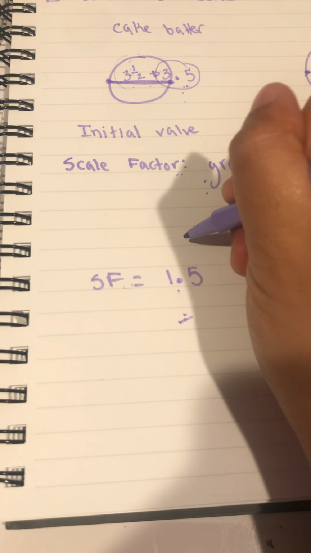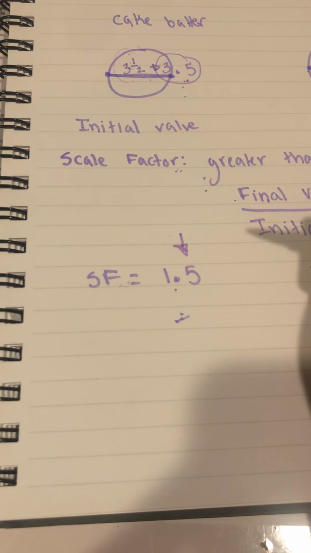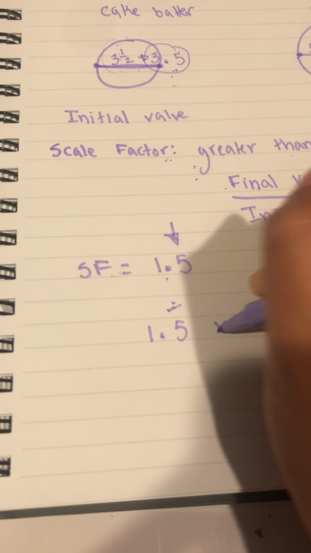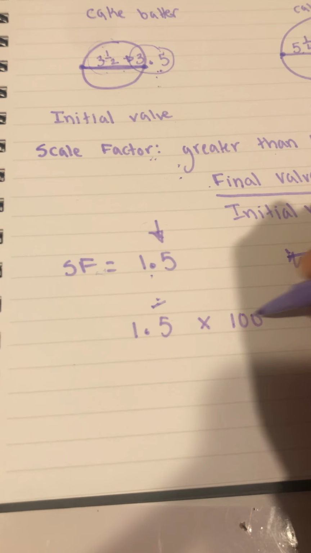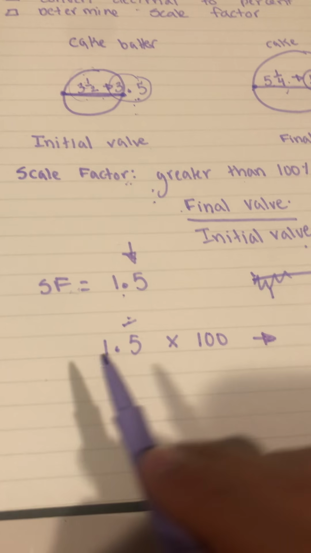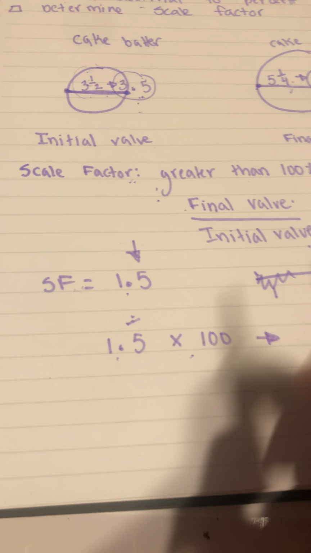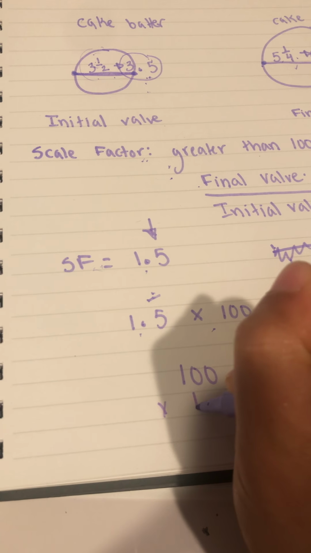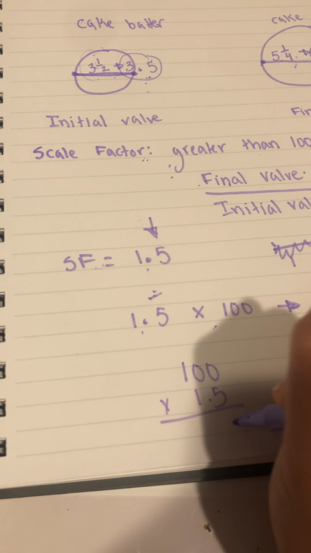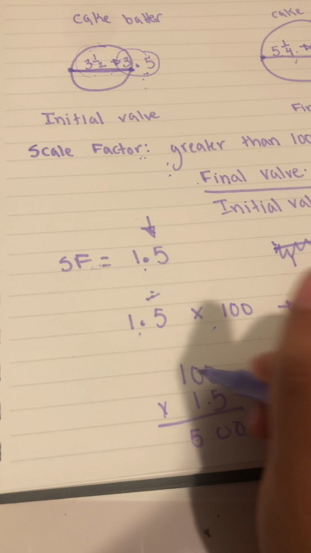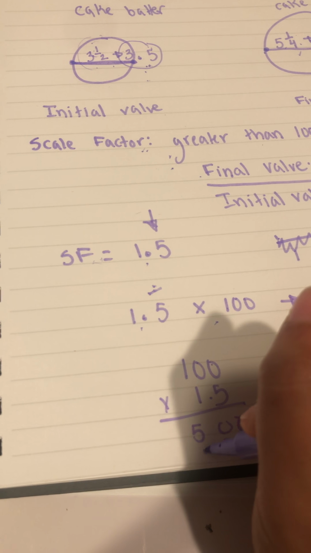So if I want to turn this number into a percent, I'm going to take 1.5 and multiply it by 100.